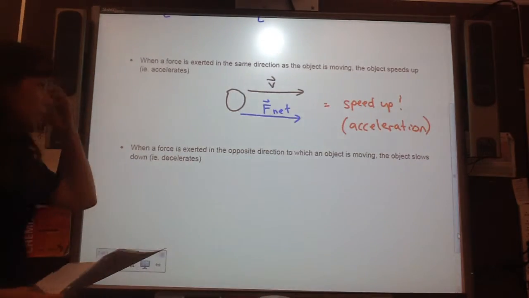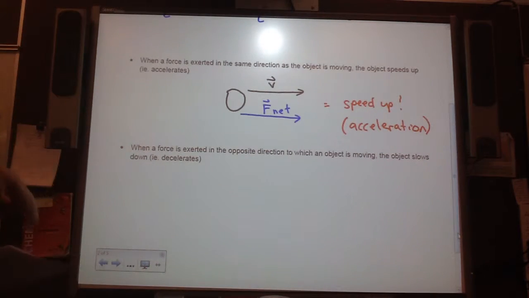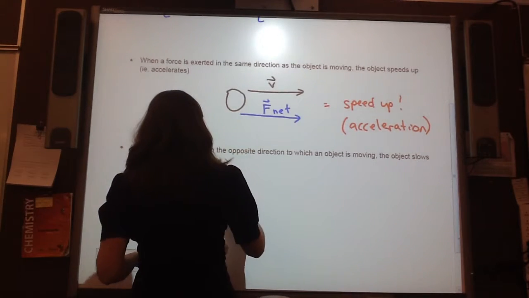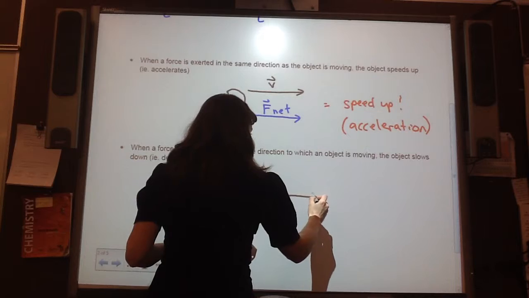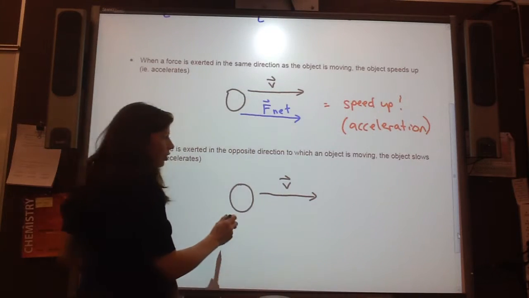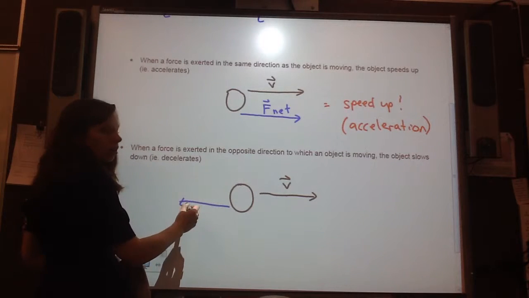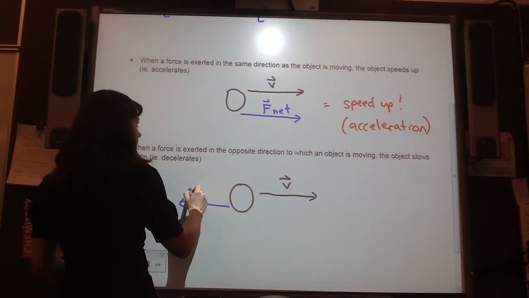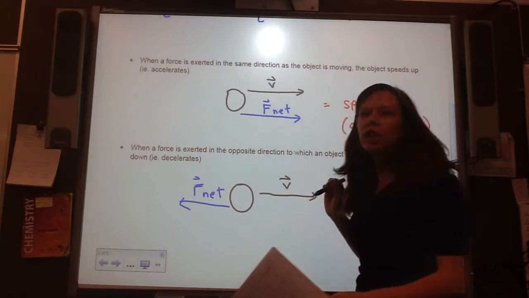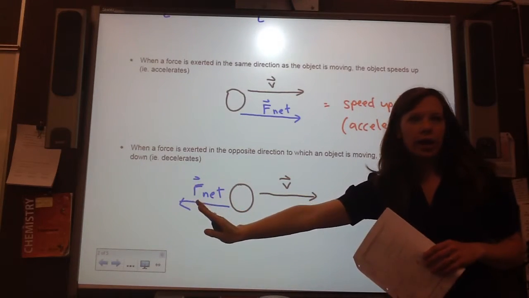But when a force is exerted in the opposite direction, it will slow down. If my object is traveling this way and I exert a force in the opposite direction, that's like putting the brakes on it. It's pushing it back to go the other way.